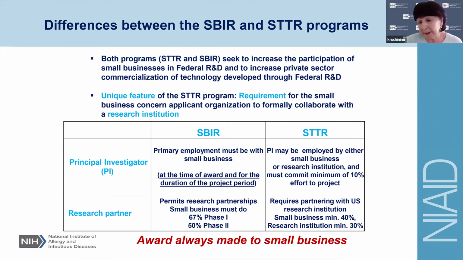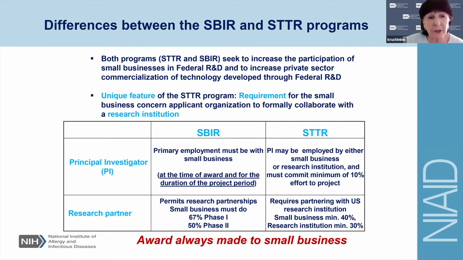With STTR, you must have a collaborator. For SBIR, 67% needs to be done by the small business, and for STTR, 40% needs to be done by the small business. STTR is a little more flexible from this point, because it is 40% small business, 30% collaborator, but the remaining 30% can be moved around.